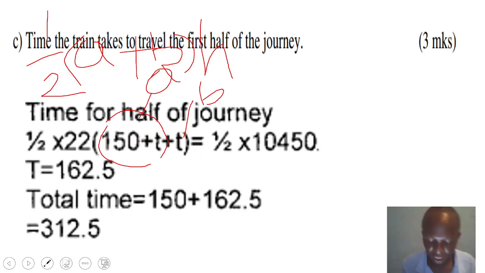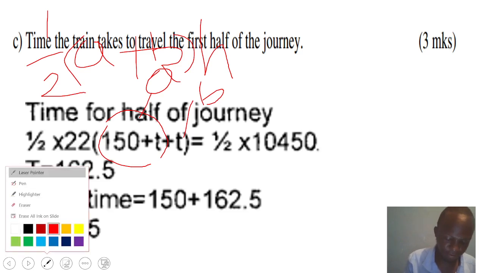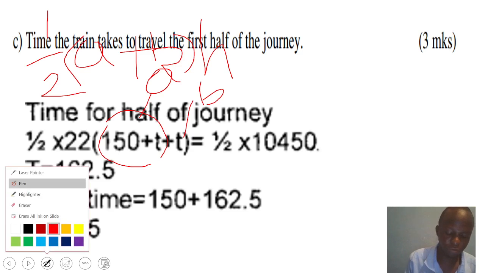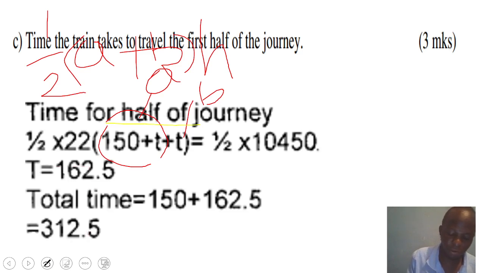And as I had said earlier, we have to equate it with a half of the total distance. Why are we saying a half the total distance? Because the question is already asking about the half the journey. So we have to equate it with a half the total distance. So this is how it has been equated. Just note, the main idea here is to find out the value of t.